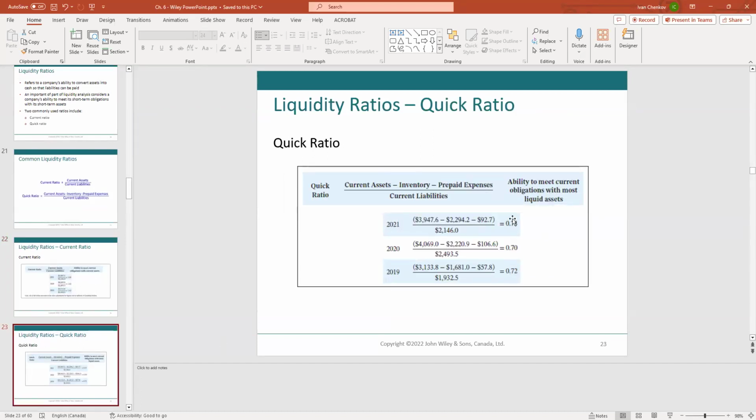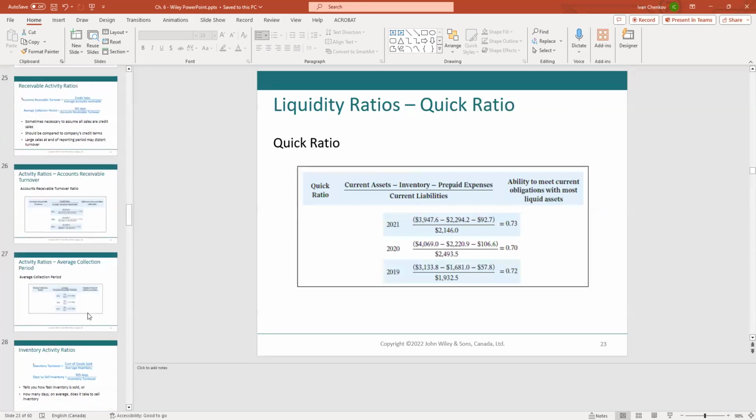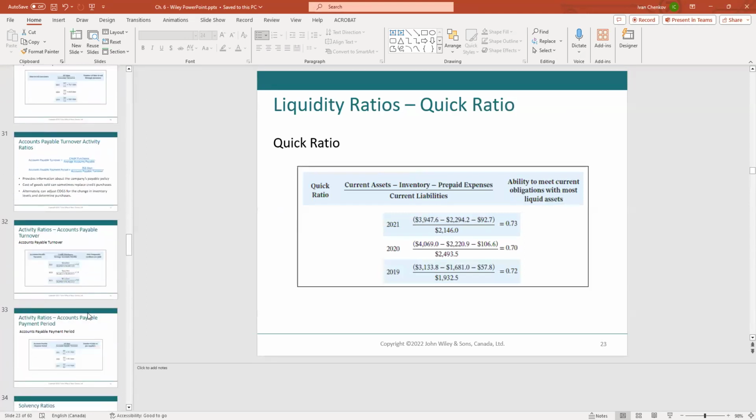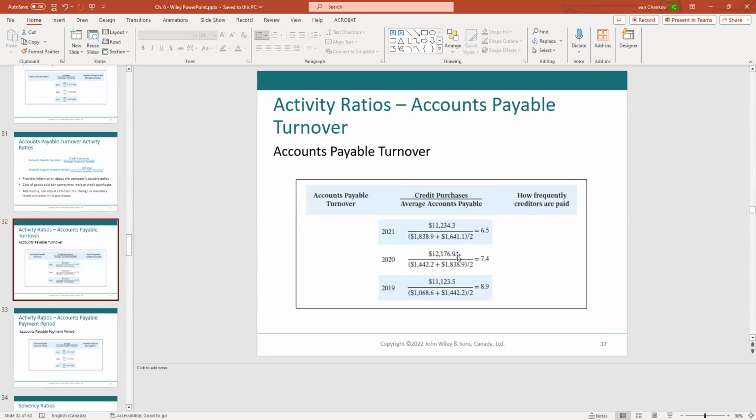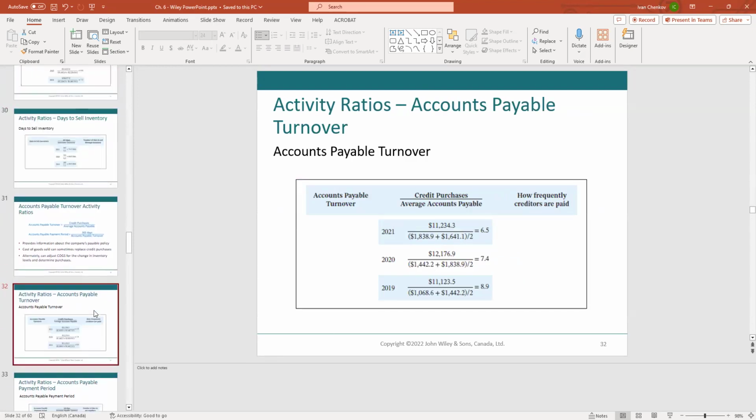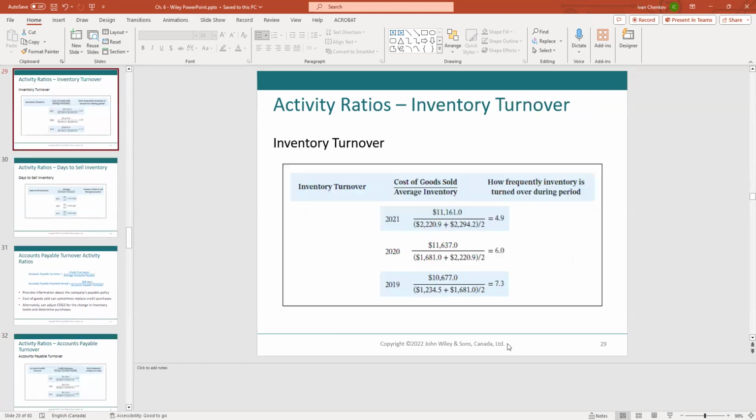Quick ratio stays the same. What's in the quick ratio? Inventory is not. What's happened with our inventory? Our inventory is increasing. You see, from 1,681 it moved to 2,294. Now, can we see that in the inventory? Yes, we can. We should be able to see it in our inventory here.